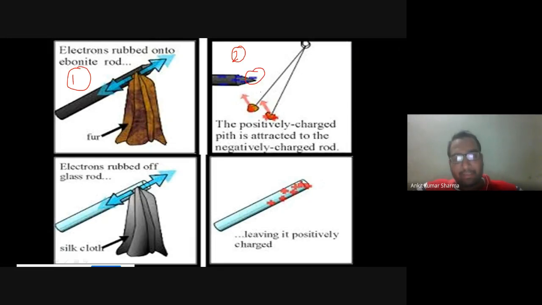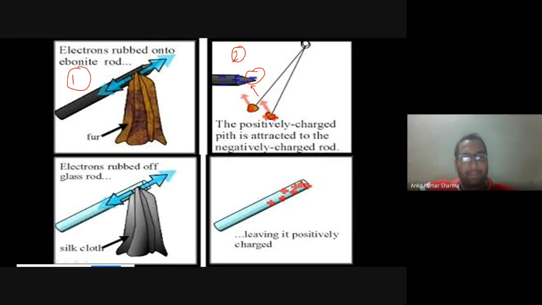And when it becomes negatively charged, then any positively charged bit near this rod is attracted by this negative charge. So the positively charged bit is attracted to the negatively charged rod.